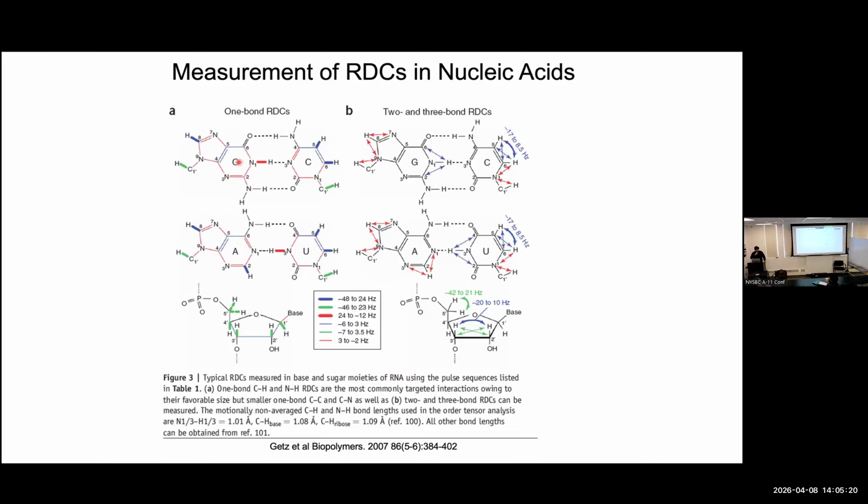For those who do protein work, amides are one. Also, the CSA tensors of the carbon aromatics are larger than nitrogen, so there is the CSA relaxation contribution. So the question of which dipole coupling you want to measure is nuanced. It's not enough to just pick the biggest; you have to think about the relaxation properties of the readout. But generally speaking, NH and CH bonds are wonderful sizes.